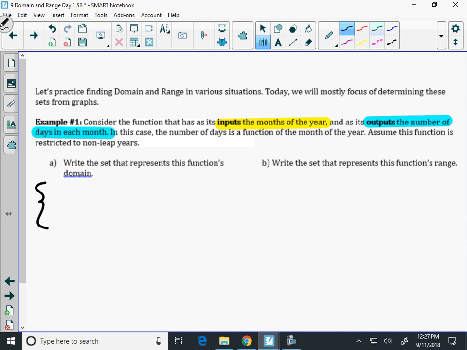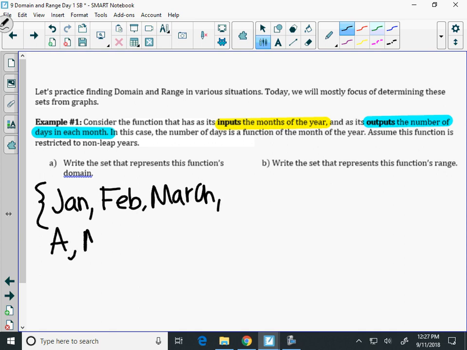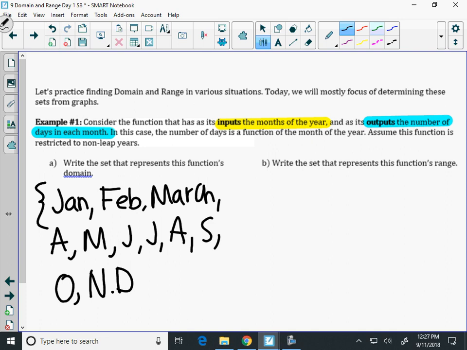You can abbreviate them all. January, February, yes. So list them all. You can even use the first letter if you want to. March. I'll start abbreviating them here. April, May. September, October, November, December. All right, so that's the shorthand way. But for your inputs, this is our set of our domain. Curly brackets means a set. All those months there are the inputs of the function.